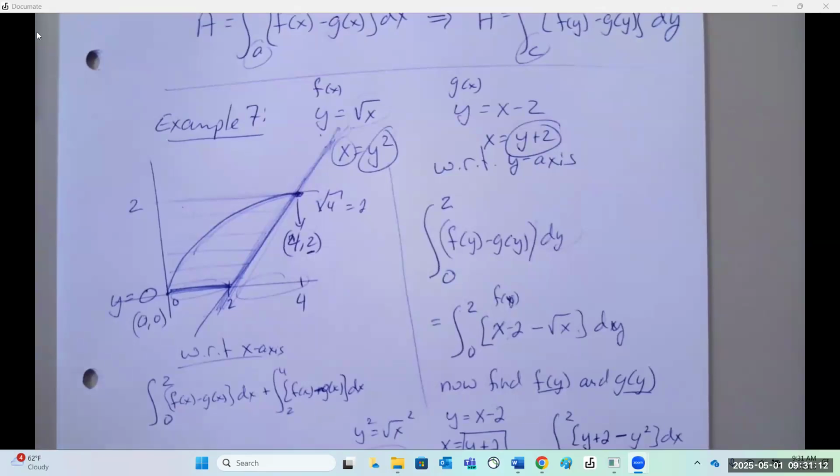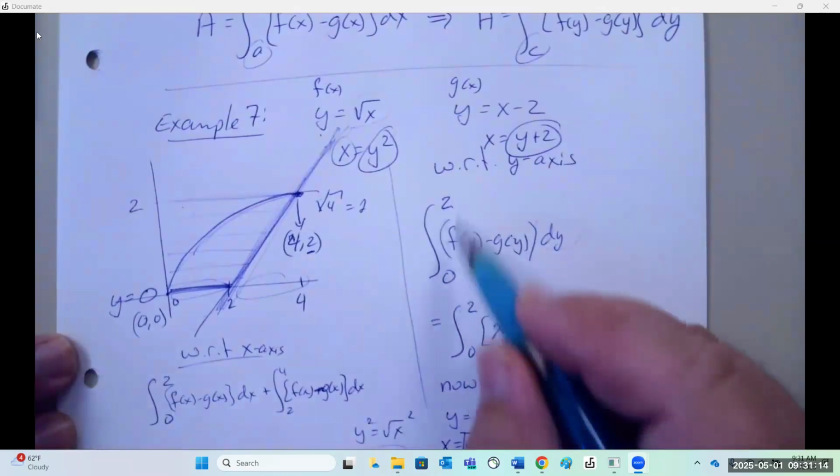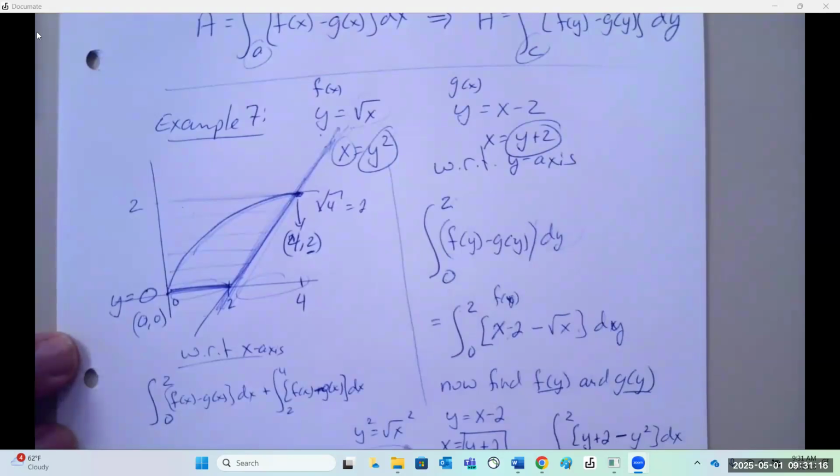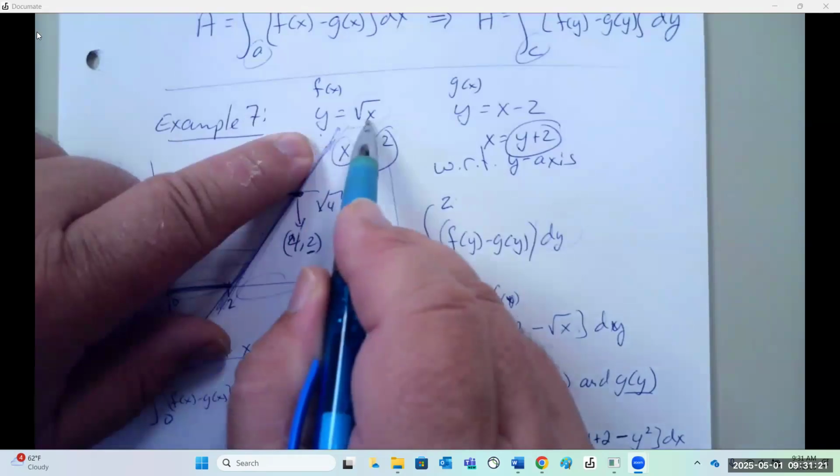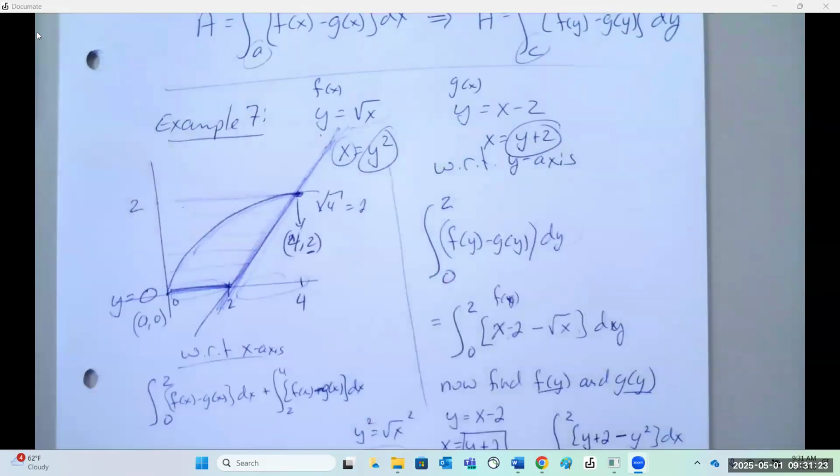What you have to do is not only change the bounds of integration, you also have to change the functions. You're not solving for y anymore, you're solving for x. So solve for x.